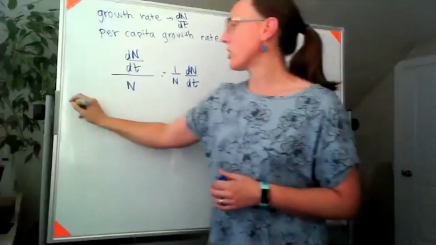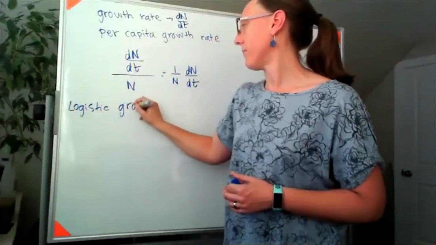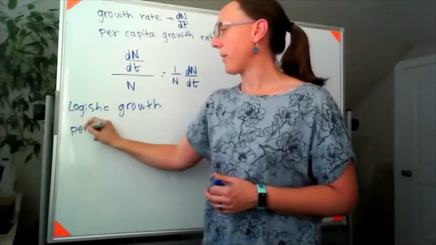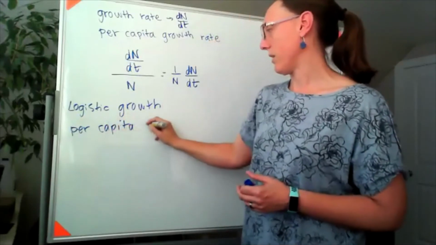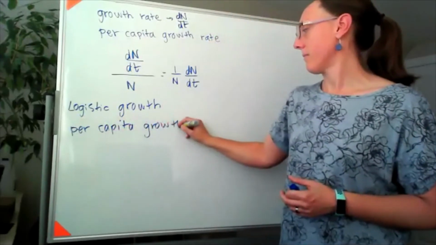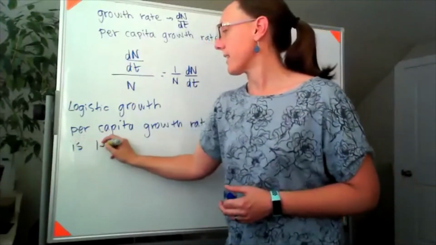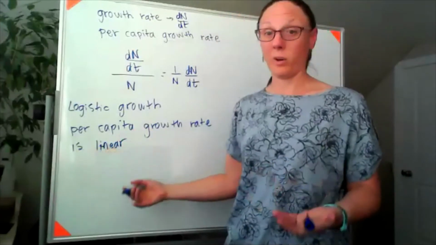So when we talk about logistic growth, then we see that the per capita growth rate is linear, meaning we're going to write the equation of a line.